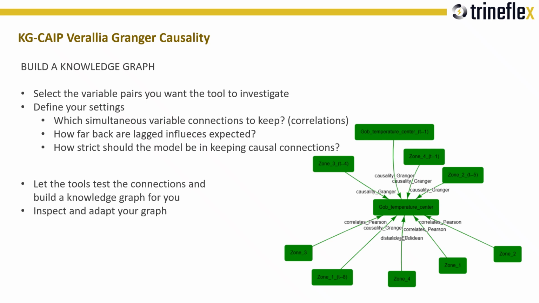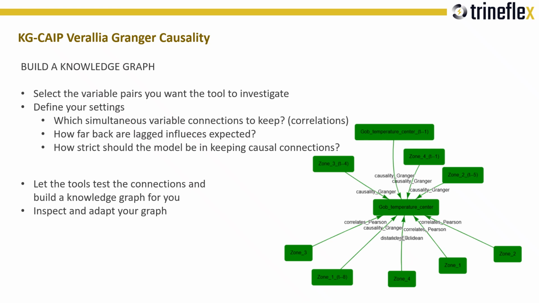The user defines how strict the model includes or excludes connections that it finds. The user can also define how far back the model looks for lagged influences on the target, and he can choose how the data is pre-processed specifically for the knowledge graph.